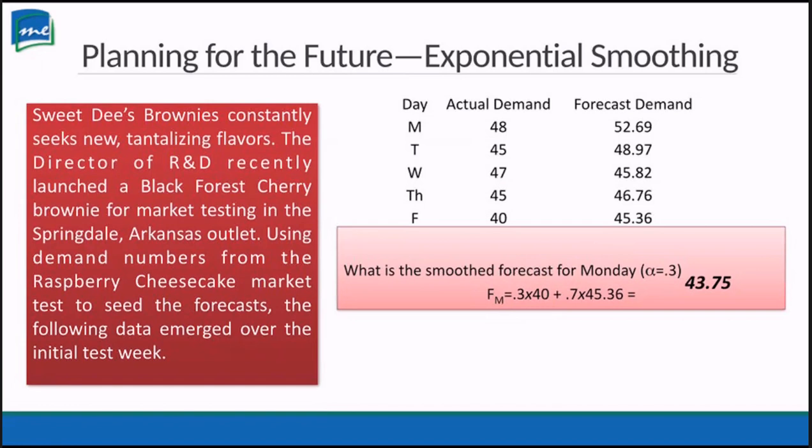So for next Monday, the forecast will be 0.3 times 40, where 40 is the actual demand this Friday, plus 0.7, which is 1 minus alpha, meaning 1 minus 0.3, times 45.36, which is the forecast demand for Friday.